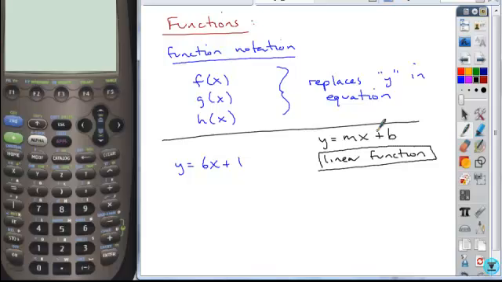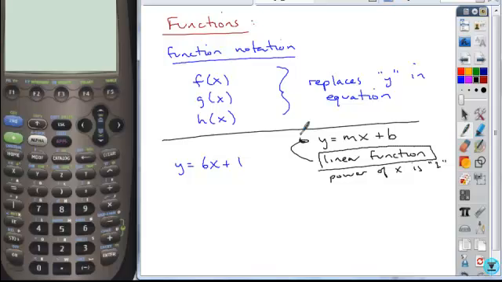Anytime you have a power of x that's 1, and there's no absolute value symbol, it's not in a radical, it's not in the denominator of a fraction, and so on, you have what's called a linear function. This is a form of your linear function.